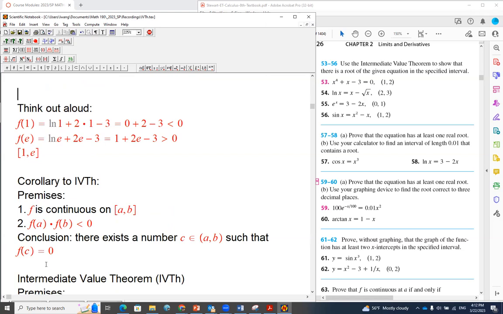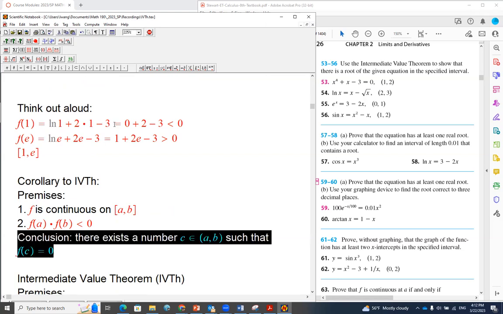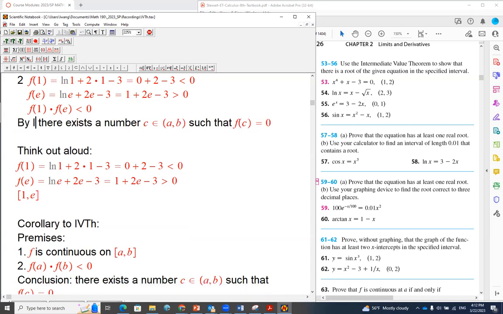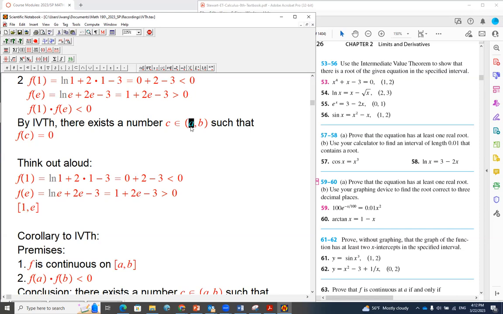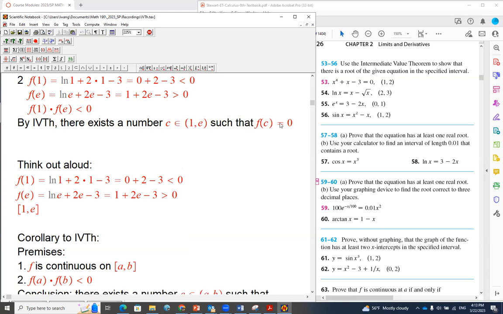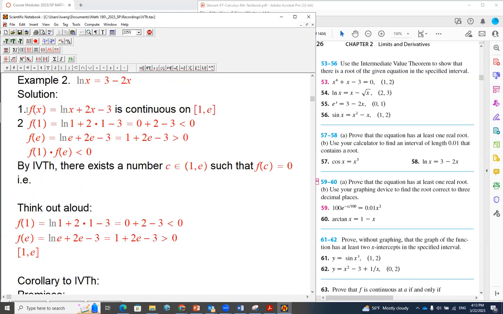And then we just apply the corollary. You can see the work we show here. It's just the intermediate value theorem: there exists a number C in 1, e, don't forget to change that, such that f of C equals 0. I.e., what is f of C? F of C is this piece with X replaced by C, that equals 0.